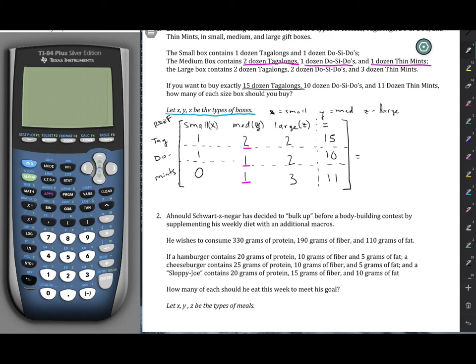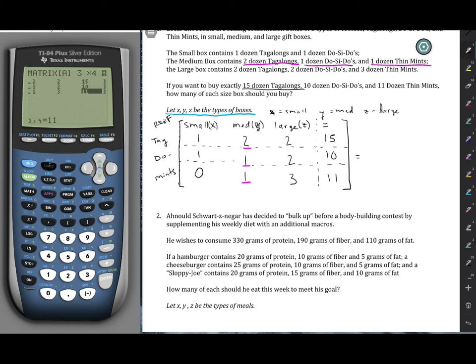If my calculator turns on, there it is. Into matrix, over to edit. If you have another matrix in there, just re-edit it. I need a 3x4. And I'm just going to type in our matrix here. 1, 2, 2, 15. 1, 1, 2, and 10. 0, 1, 3, 11.